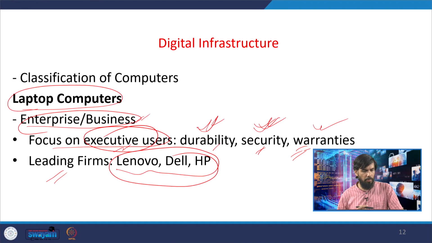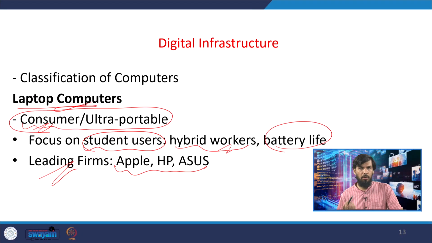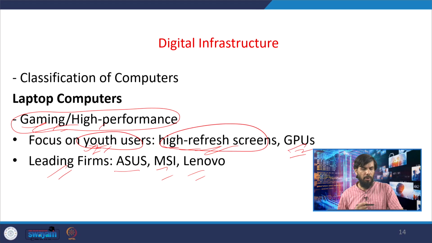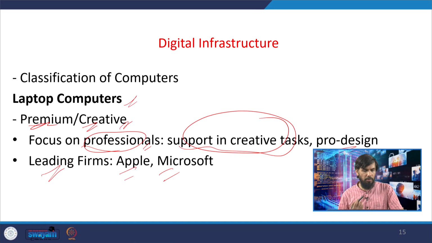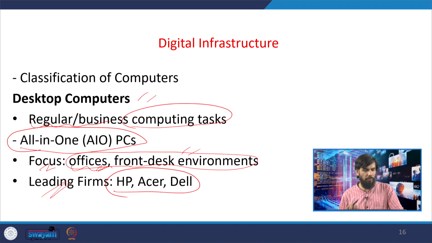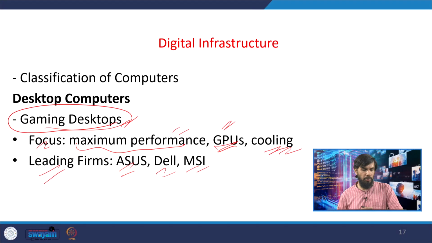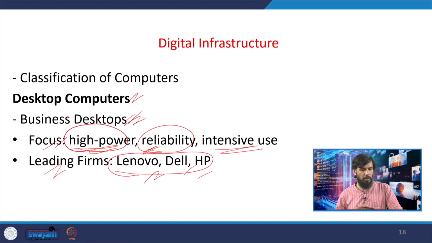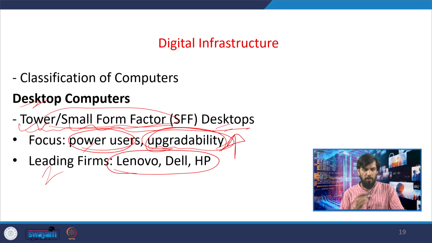Within the laptop we talked about the enterprise business segment, the consumer portable segment, the gaming high performance segment, and finally the premium creative segment. And finally we came to desktop computers: regular business computing tasks, the AIOs, then gaming desktops, business desktop, and finally tower slash SFF desktop.